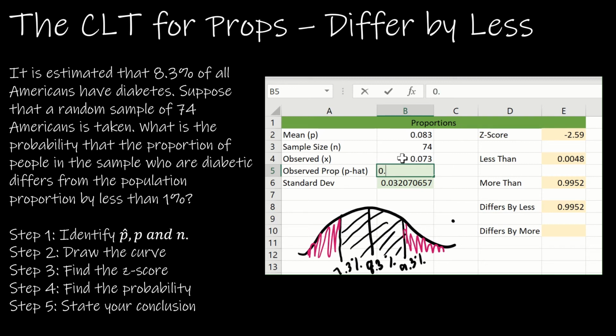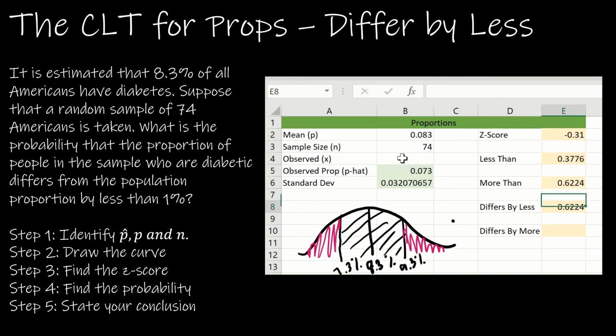Oops, 0.073. So I'm going to get rid of that one. So again, the standard deviation is automatically going to be found for me. My z-score is automatically going to be found. My observed minus my expected divided by the standard deviation.